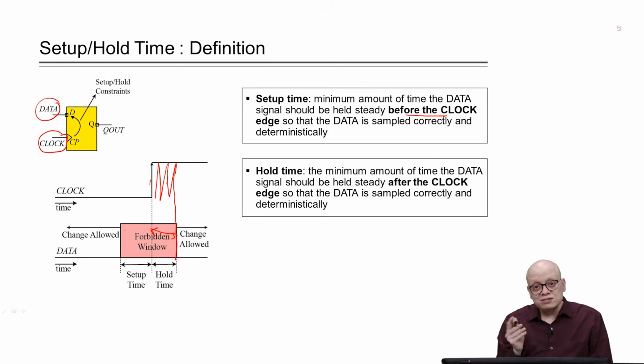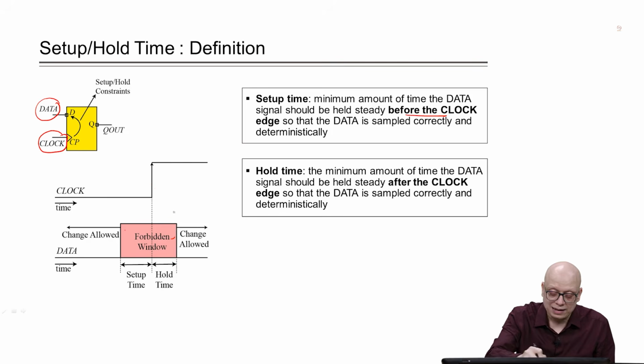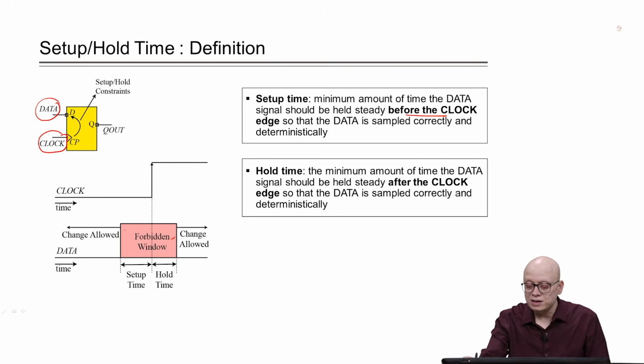If data changes within this small period after the clock edge, which is defined by the hold time, then the output Q may take any value, and we cannot deterministically say whether it is 0 or 1. So, we define hold time as that minimum amount of time the data signal should be held steady after the clock edge, so that data is sampled correctly and deterministically.